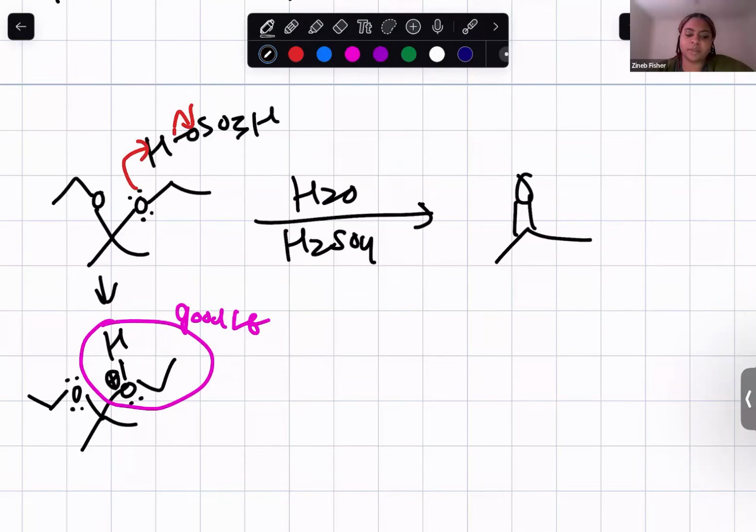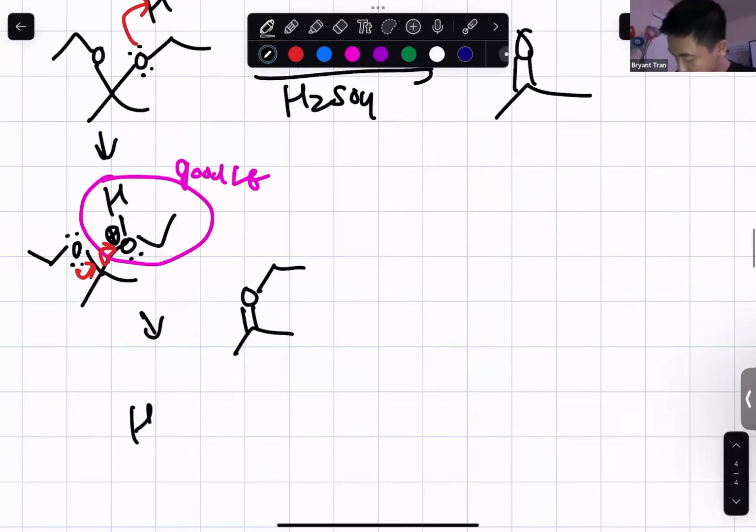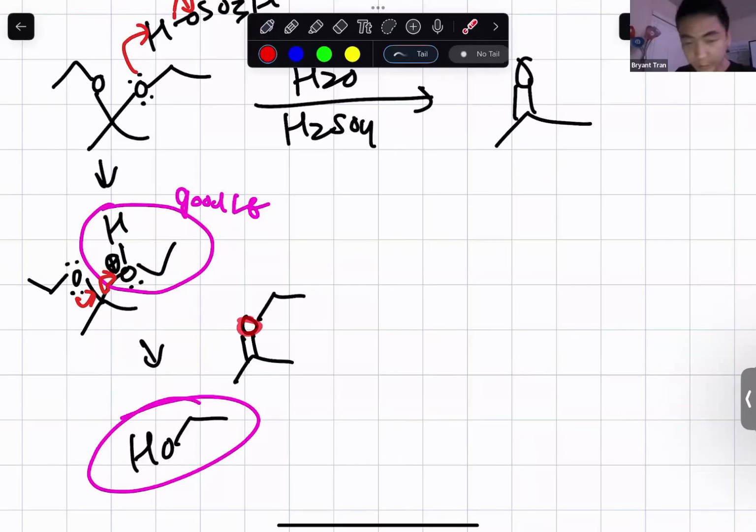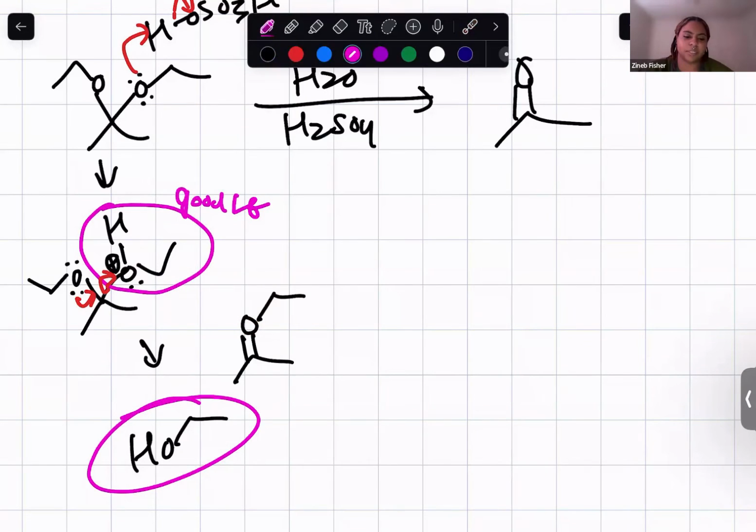Form a double bond on the other side. Okay, let me draw it this way. That double bond, and I kick off that leaving group to give me this, and I'm going to draw out the leaving group on the side like that. Which is this thing right here, that left. Okay. Now, what charge would this oxygen have over here? A positive charge.